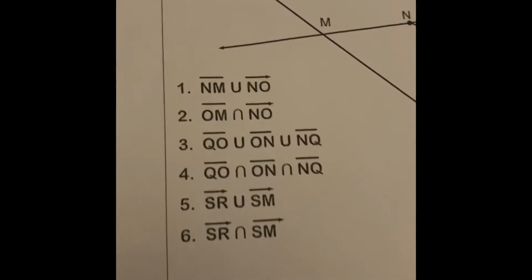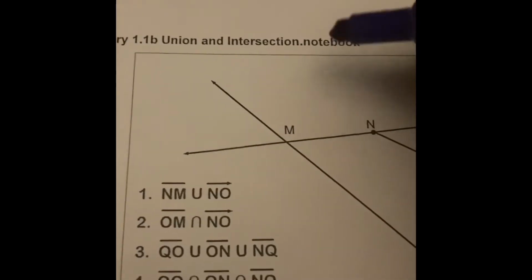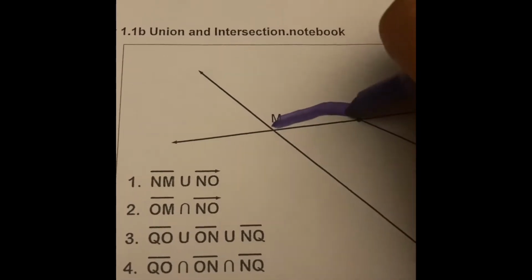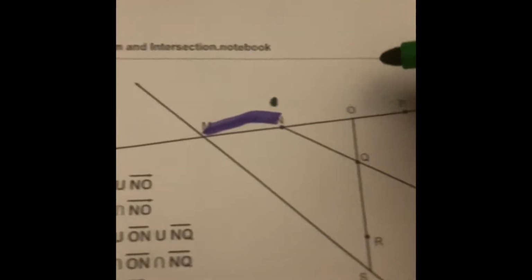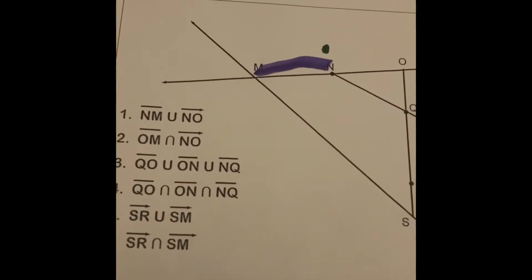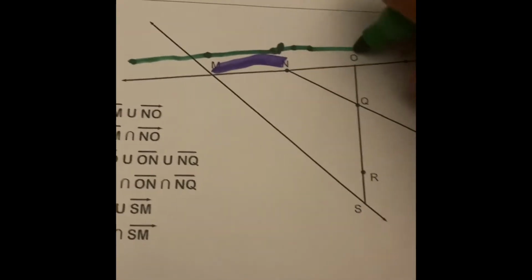It says that the line NM is going to be union with the segment NO. So what we're going to do is highlight NM, and we're also going to highlight the segment NO. NO is right here, but instead of going that way, it's going to go both ways. So it's going to go this way, and it's going to go this way.